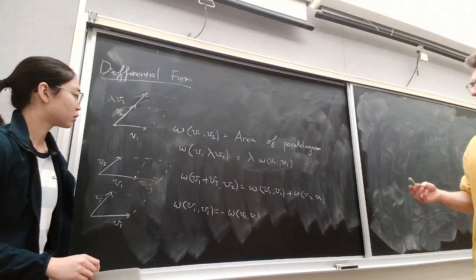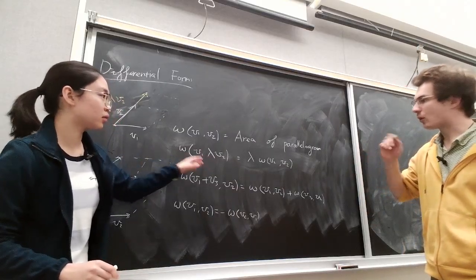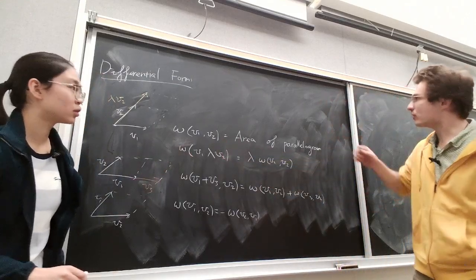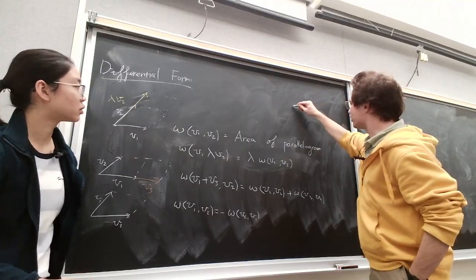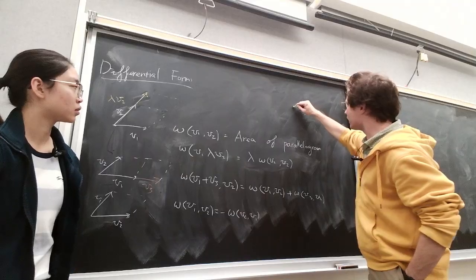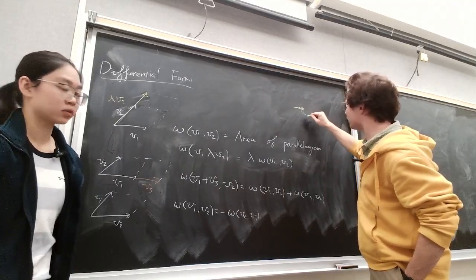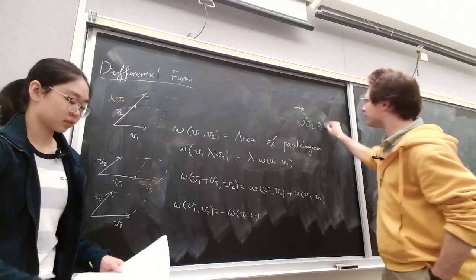So lambda is negative? Does it take lambda to be negative? No, because that doesn't tell me anything about switching. So the question is, suppose I had a parallelogram where the first vector is v1, and the second vector is also v1.